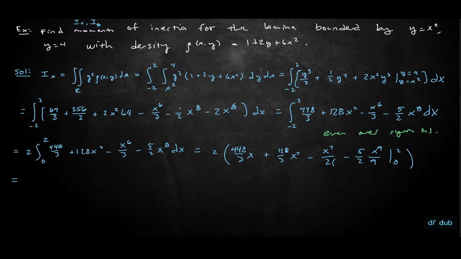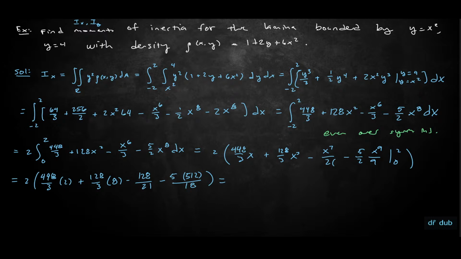And I do believe if we number crunch that, let's see what we get. 2 times 448 over 3 times 2 plus 128 over 3 times 8 minus 128 over 21 minus 5 times 512 over 18.